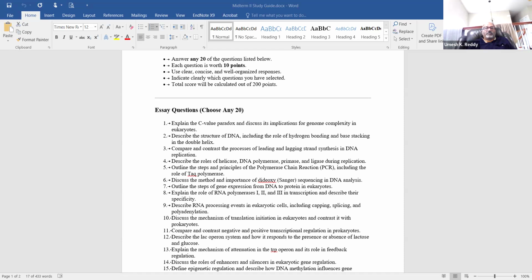RNA polymerase 1 is important for the ribosomal RNAs, especially 28S, 18S, and 5.8S RNAs. That ribosomal RNA is localized in the nucleolus, where it gets added to various nuclear proteins and assembles the smaller and larger ribosomes.